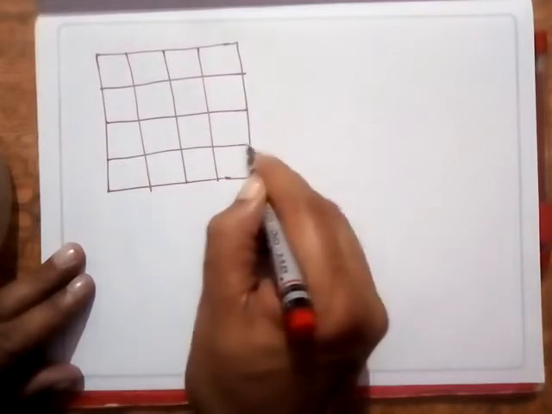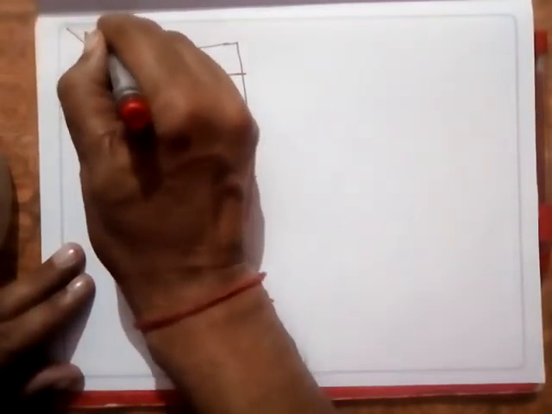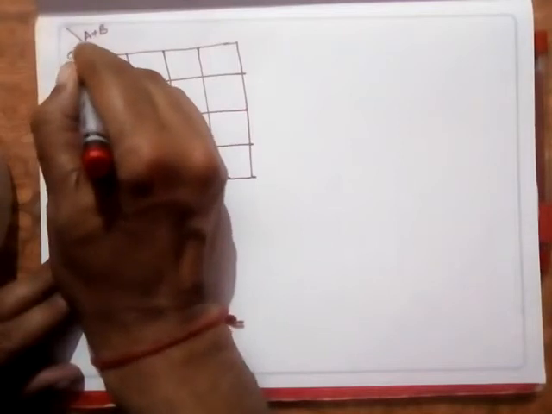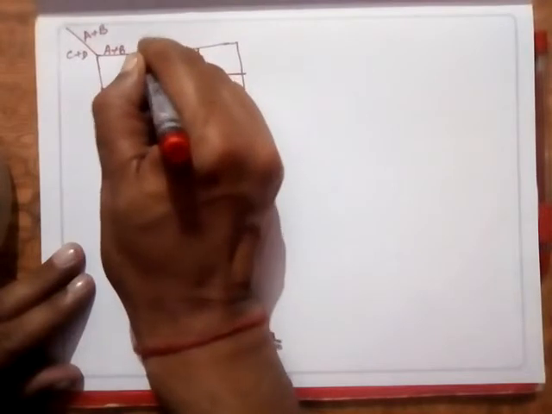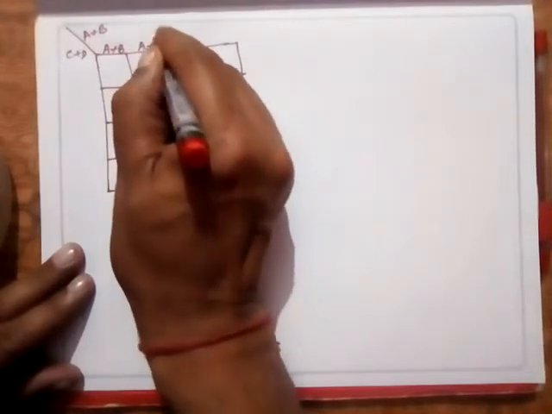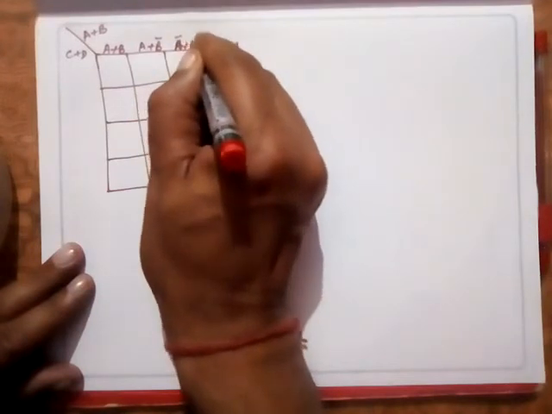Simple. On one side you have A plus B, or AB, you can write AB also, and this is C plus D on this side. Just the opposite of this, it will be A plus B, 0 0, A plus B bar, 0 1, A bar plus B bar, 1 1.